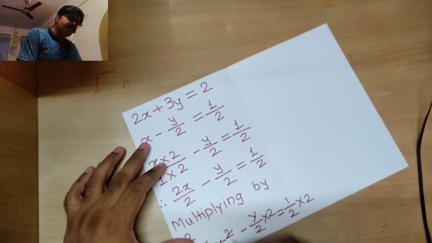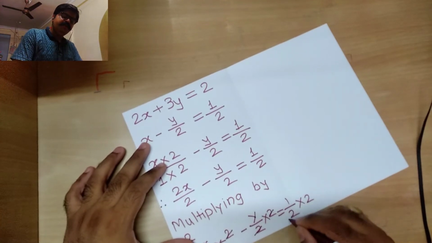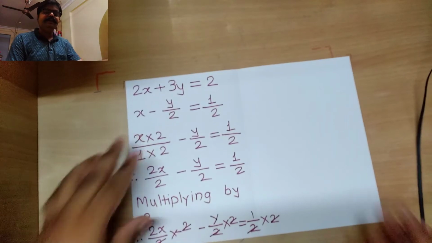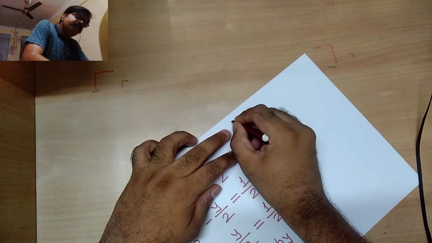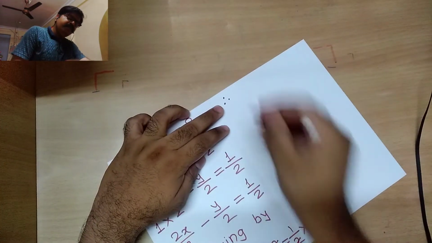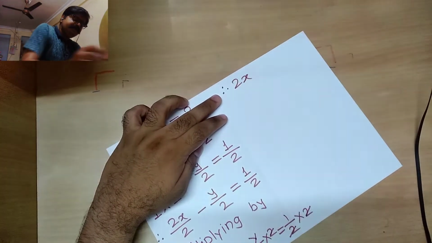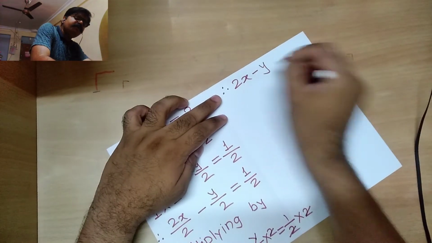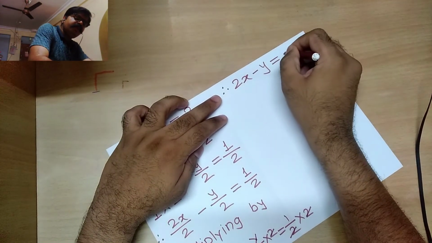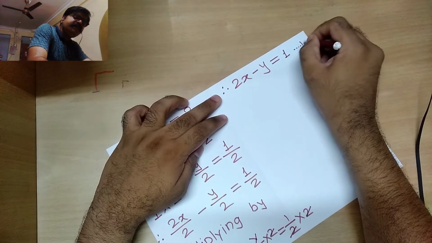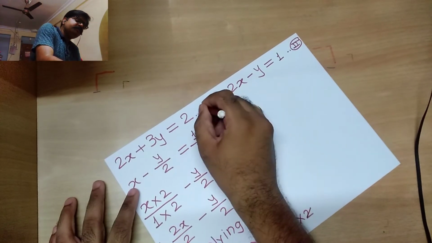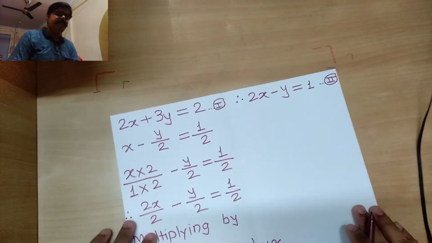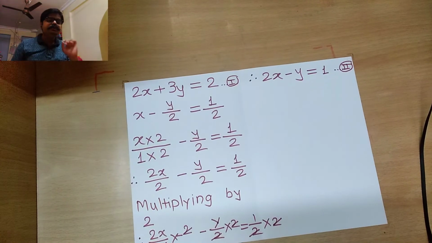Therefore this 2 will get cancelled, these 2 will also get cancelled, and these 2's as well will get cancelled. As a result, what we are going to have is the remaining part of the equation, which is what we are looking for. That means 2x minus y equal to 1. Let us call this our equation number 2, and this was our equation 1. So we have normalized these equations.